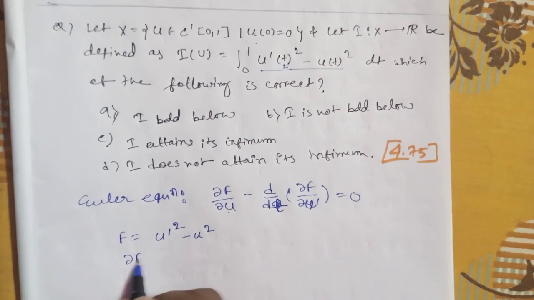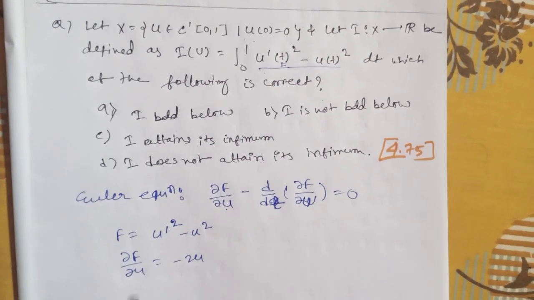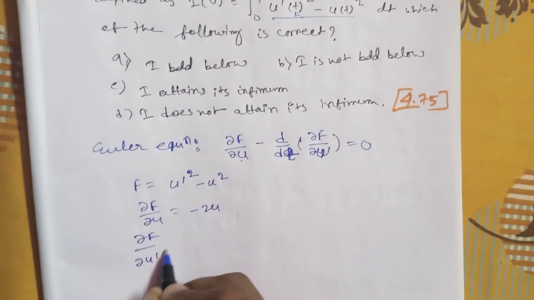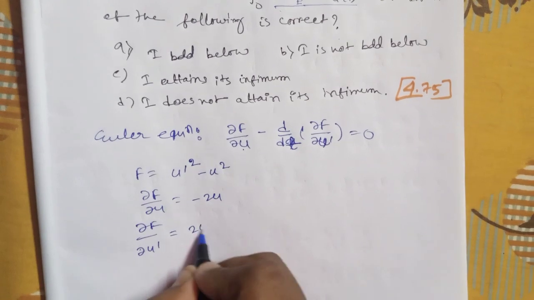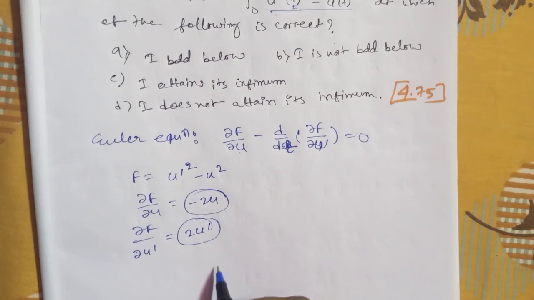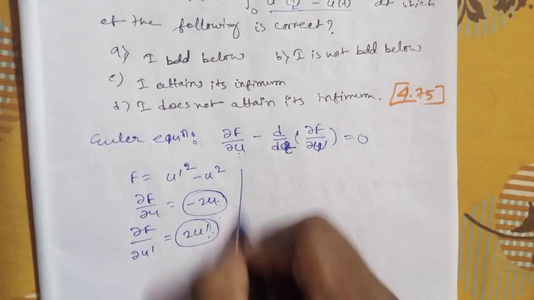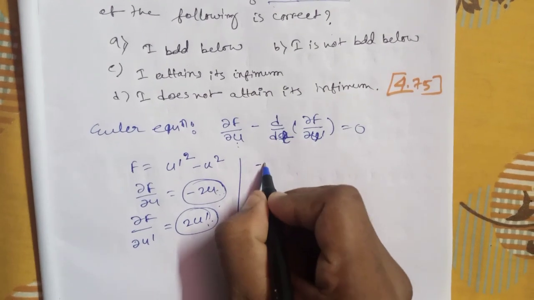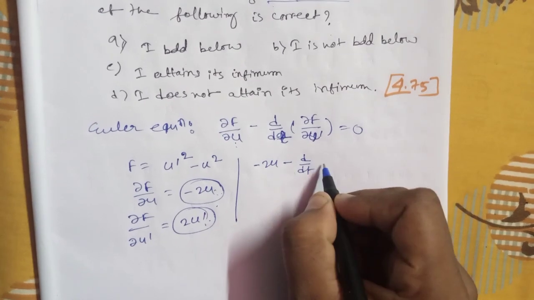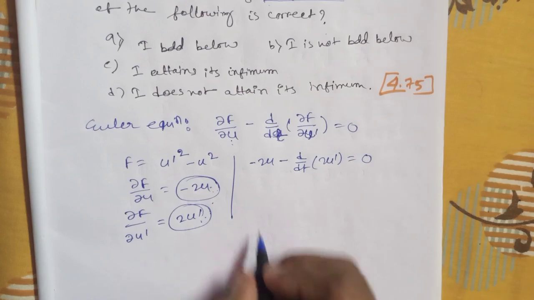So what is ∂f/∂u? ∂f/∂u means minus 2u, and ∂f/∂u' equal to 2u'. If we put these two values here, then we'll get minus 2u minus d/dt of 2u' equal to 0, right?